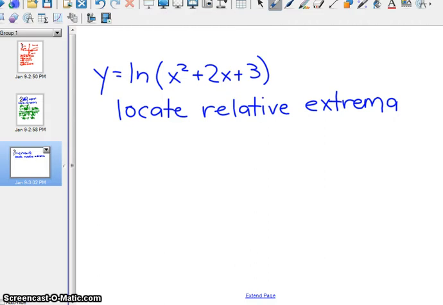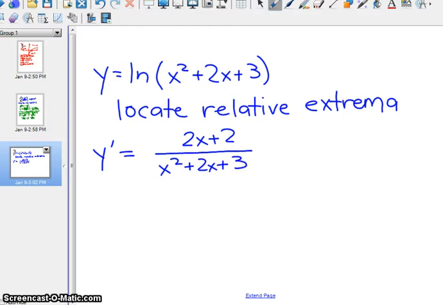Well, we know the relative extrema come from the first derivative, or our critical points. So I have to find the first derivative. It's a natural log problem, so the derivative of x squared plus 2x plus 3 is 2x plus 2 over x squared plus 2x plus 3.